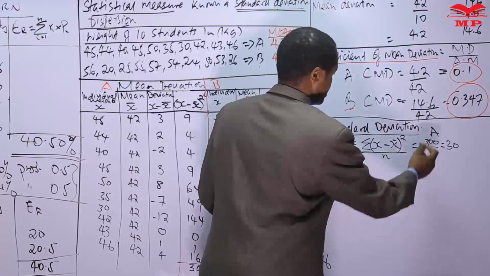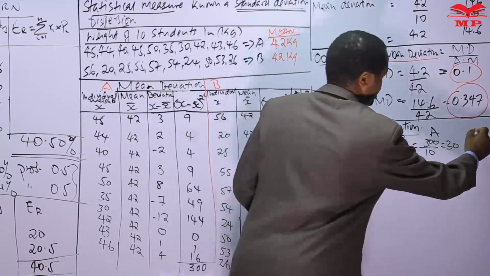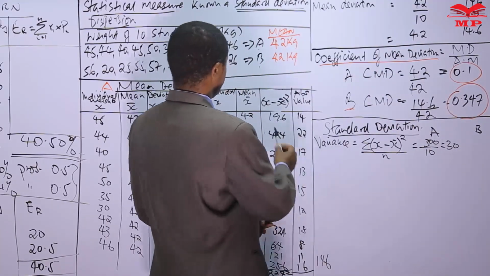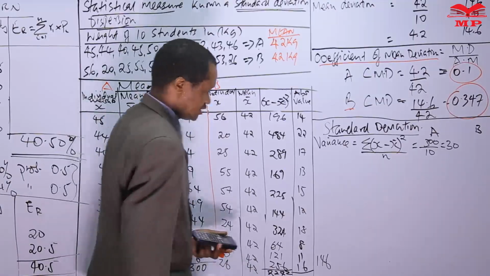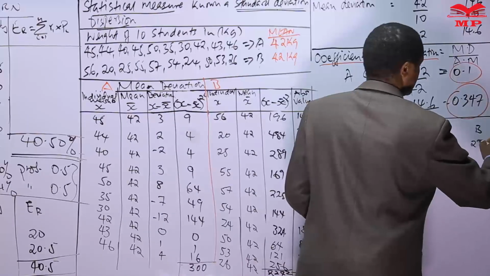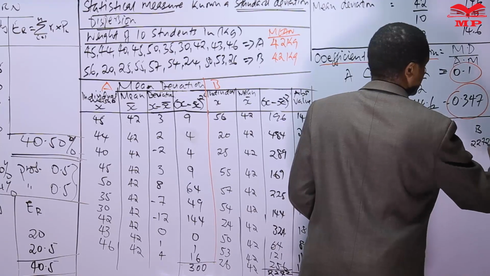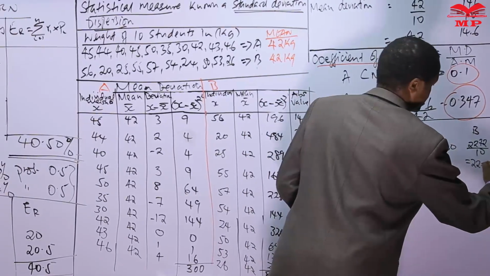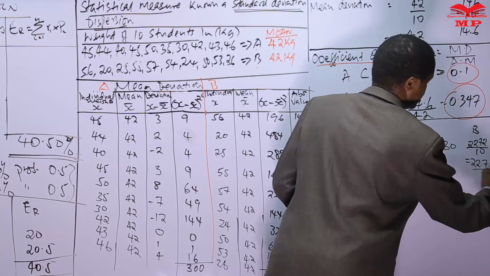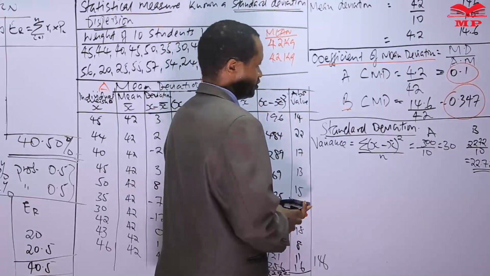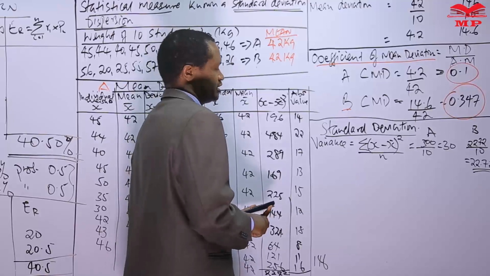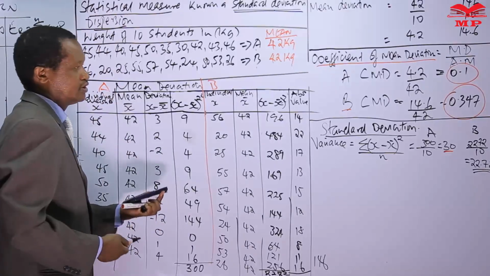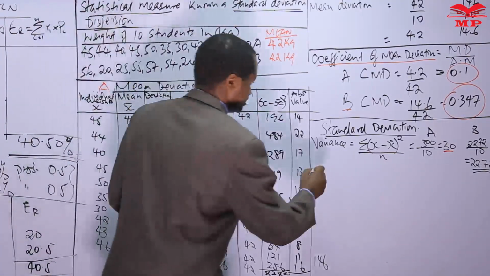This is class A. For class B, it will be 2272 divided by 10, which is equal to 22.72. This is the variance for class B, and 30 the variance for class A. So we can now proceed and determine the standard deviation.